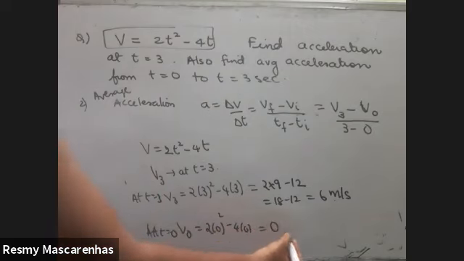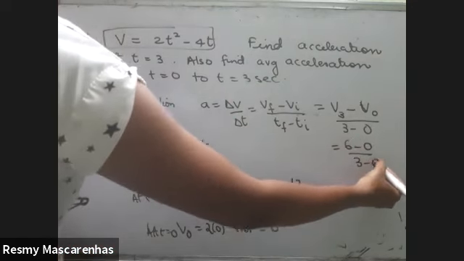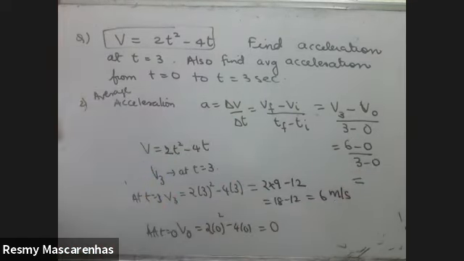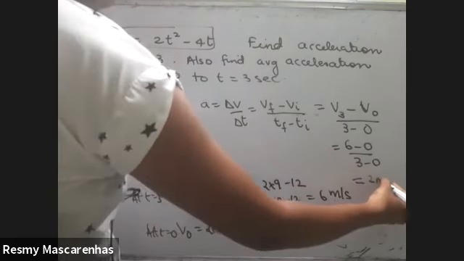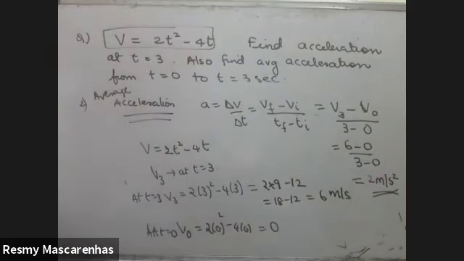Anyways, this also will be 0. So put the value here, 6 minus 0 upon 3 minus 0. The answer is 2 meter per second square. Write a unit for acceleration.